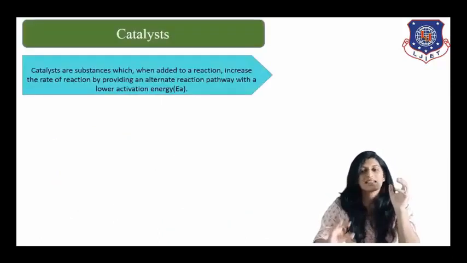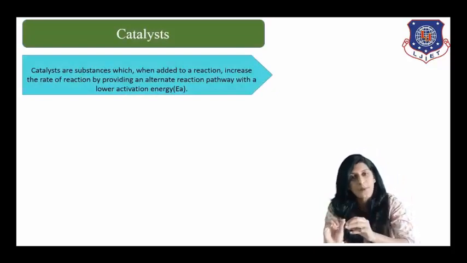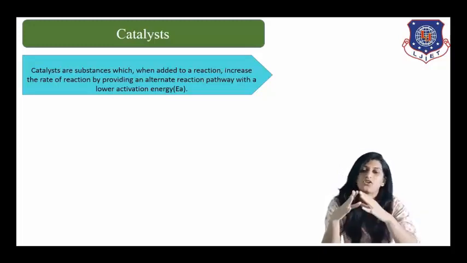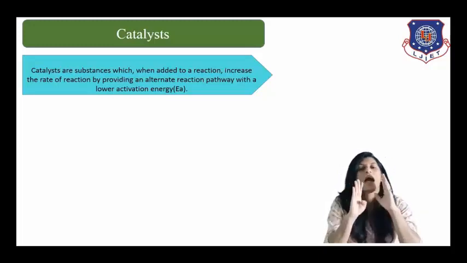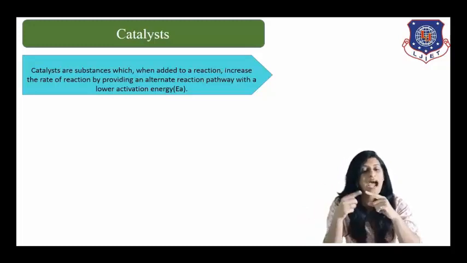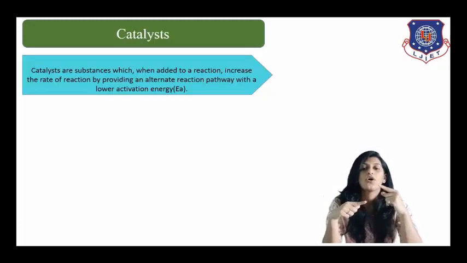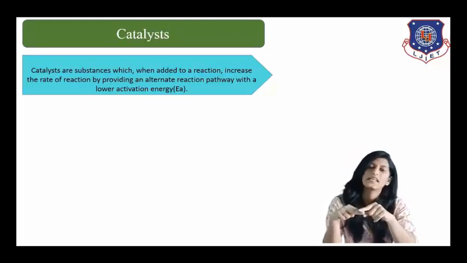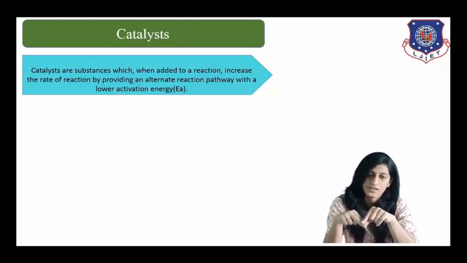A catalyst is basically a substance which is added to a reaction to increase the rate of reaction, right? How does it increase the rate of reaction? There are two possibilities. Either it will provide an alternate pathway to the reaction, or it will lower down the activation energy of the reaction.